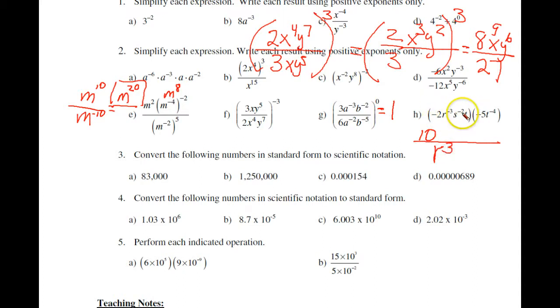S to the 2nd. This just goes down below. S to the 2nd down there. Then we have t to the 1st and t to the negative 4. When we add this, we end up with t to the negative 3, which just goes down there. So that's our answer. T stays on top. This, because of a negative exponent, goes down. S, because of its negative exponent, goes down. We did this multiplication by adding, and that became a negative 3 up there. It went down.